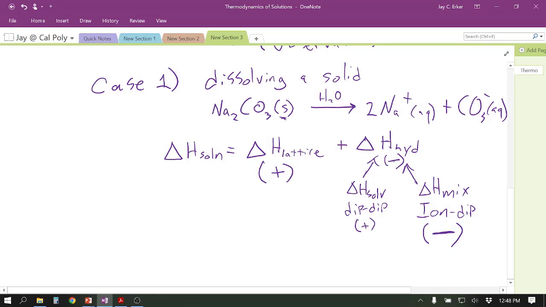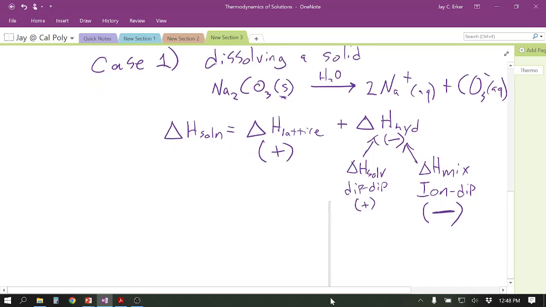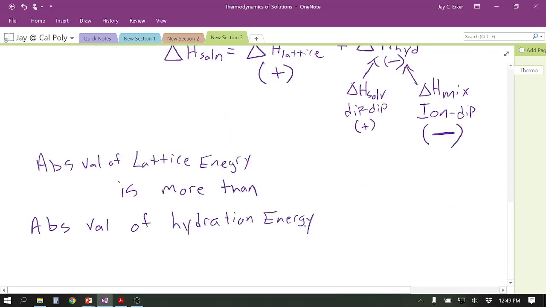So now, if we could figure out what was bigger, the lattice energy or the hydration energy, we could figure out what the delta H of solution was. This is where you have those problems where they specifically say the absolute value of lattice energy is more than the absolute value of hydration energy. And this could be flipped. It could be more than, could be less than.